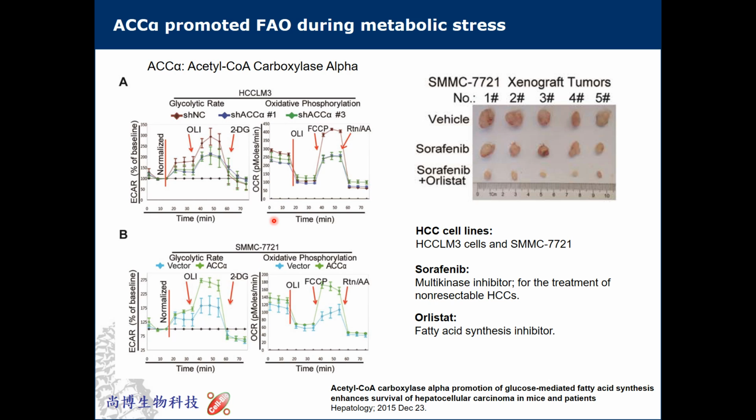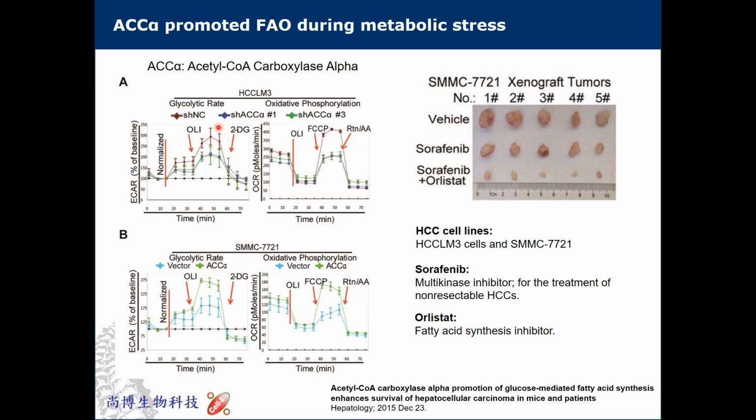So you can see, let's try to do two experiments. One is to knock down the expression of ACC alpha, and the other is overexpression of ACC alpha. And then we do the glycolysis stress test and the mitochondrial stress test at the same time. And let's compare the phenotype change of these two different experiments.